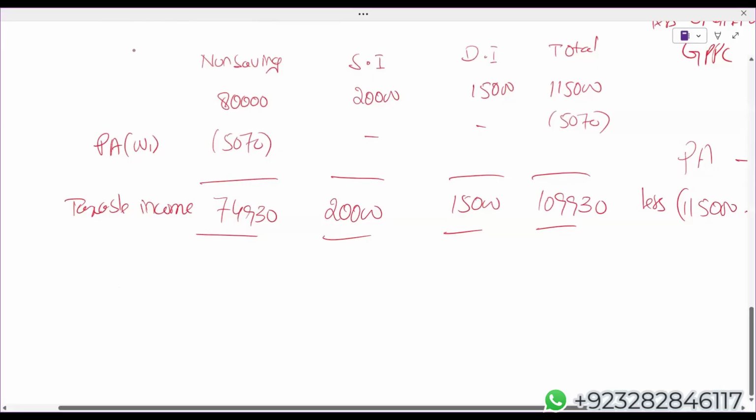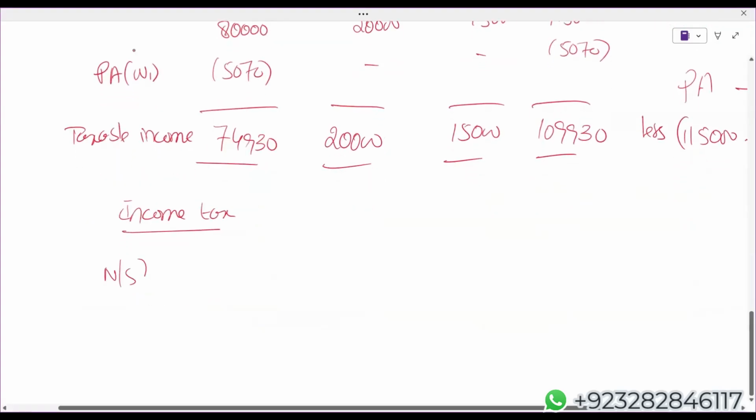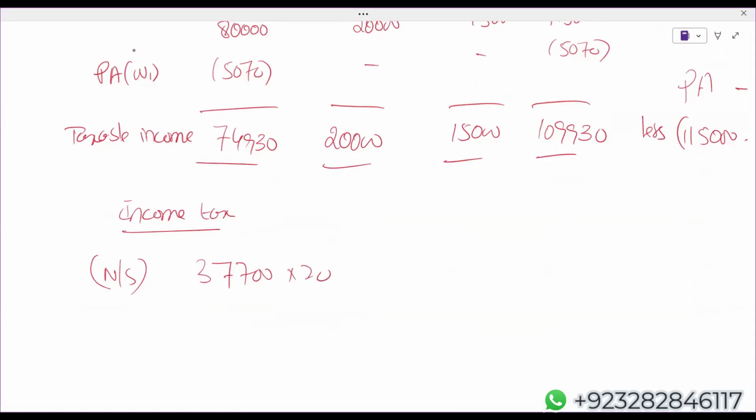Now let's calculate tax. Non-saving 30, basic rate band is 37,700. Applicable rate is 20%, 7540. From 74,930, we'll deduct 37,700.